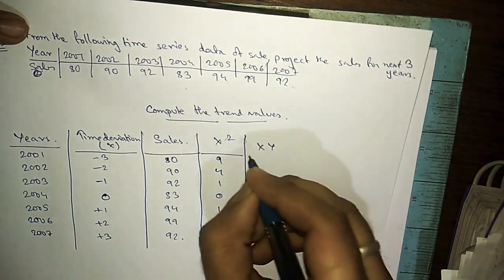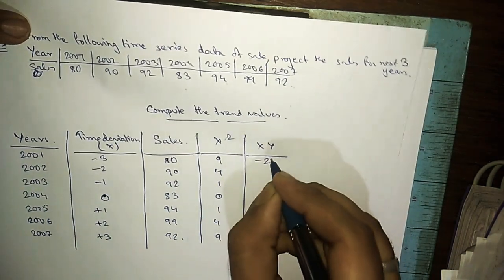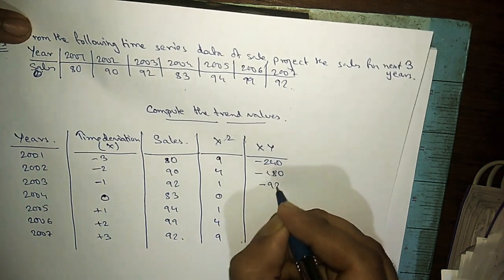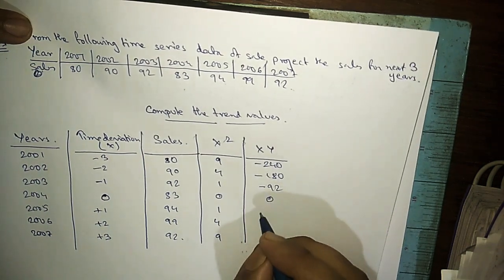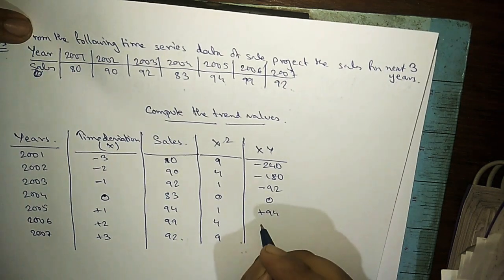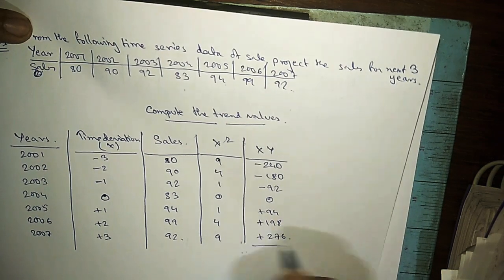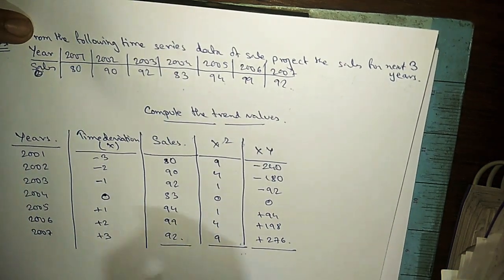Next comes xy: 80, 0, 94. Calculate each and every section.